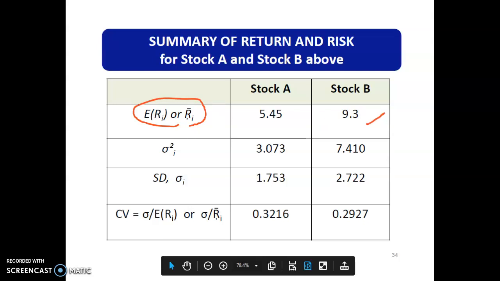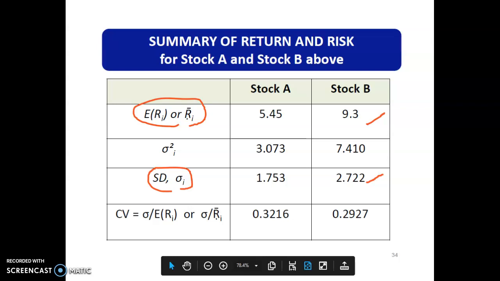But if you compare in terms of risk, standard deviation and variance is the risk measurement. You can see stock B is also high in risk compared to stock A. So between stock A and stock B, which one can you choose based on what criteria?